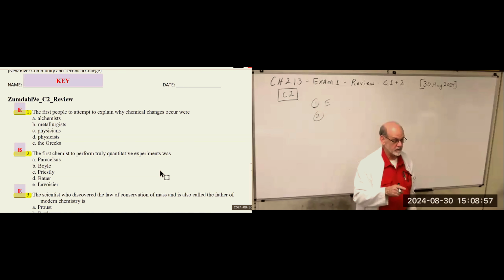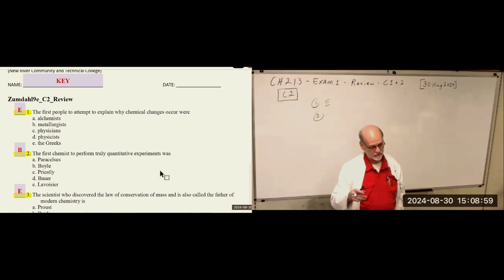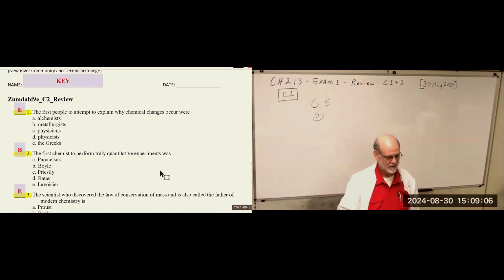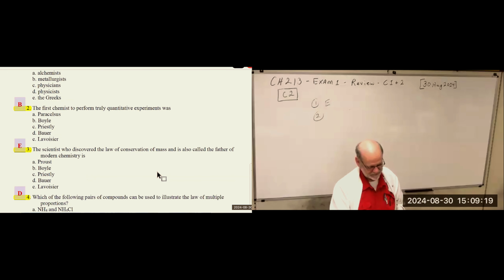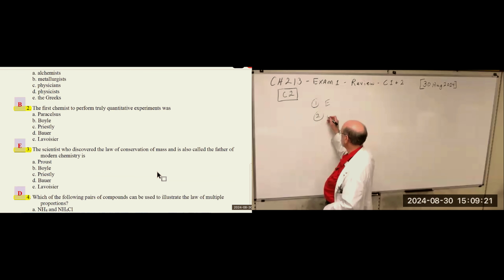We're going to look at one of those experiments down the road. We'll actually do Boyle's law here in the lab. Is that the one with the gold? No, this is a confined gas. You apply pressure to it and see what change that makes to the volume. So 2 is B.